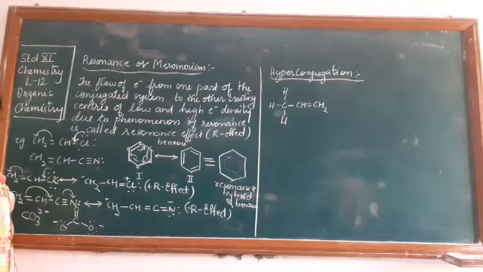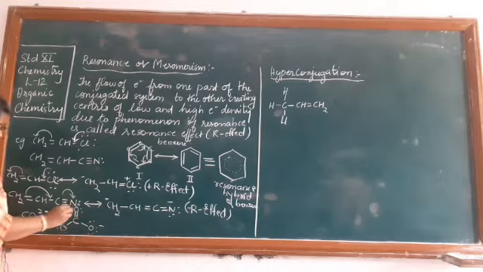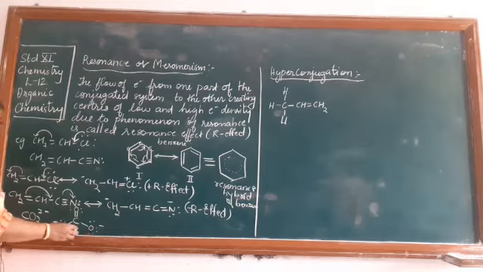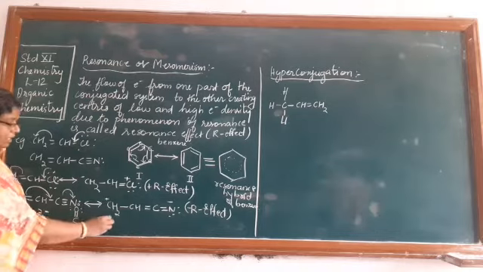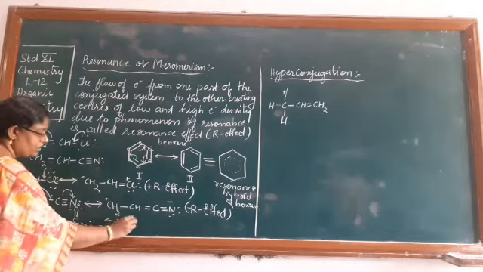This was the structure. Now, not necessarily this carbon; here the oxygen will have 2 pairs, here 3 pairs. It is not necessary that only this oxygen has the double bond. Again, you can show the resonance structure in this way.